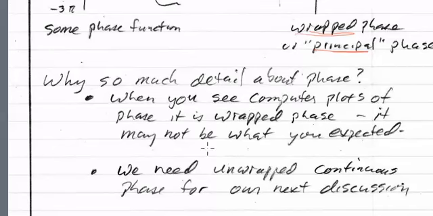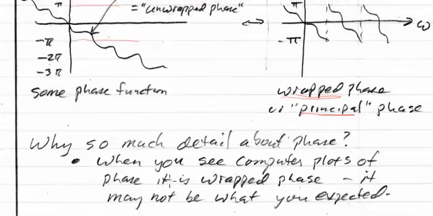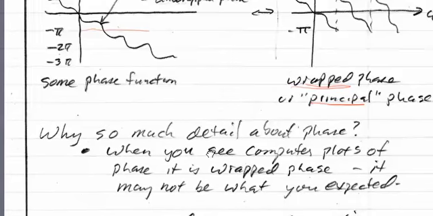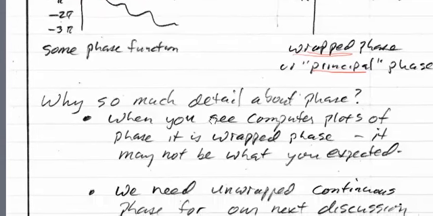All right, so why do we worry so much about phase and wrapped phase and unwrapped phase? What I want you to be aware of is when you see a phase plot that has all these funny jumps like we have up here, it may not match the theory that you derived when you were working your problem.